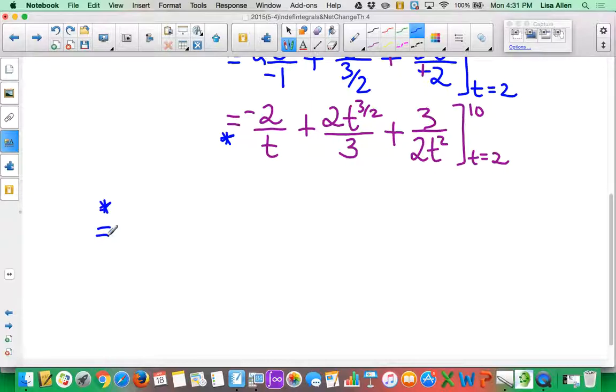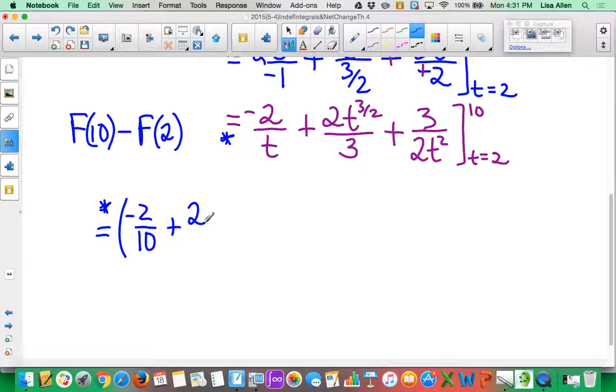Now we're going to plug in 10. Remember that what we're doing is saying f of 10, the antiderivative evaluated at 10, minus the antiderivative evaluated at 2. So we first plug in 10, and we get negative 2 over 10, plus 2 times 10 to the 3/2 over 3, plus 3 over 2 times 10 squared.